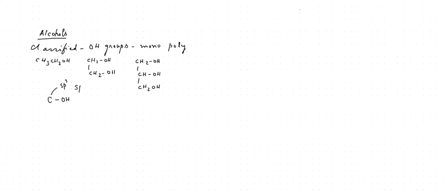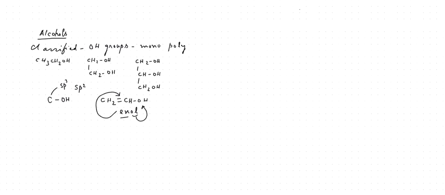If it is sp2 hybridized, as in the case of CH2=CH-OH, it is called enol. En for the unsaturation and ol for the alcoholic group. It is an unsaturated alcohol.